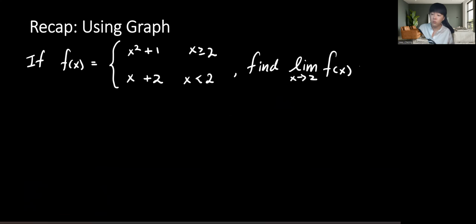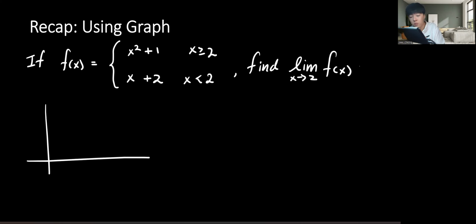And then the next thing that we learned was how to do it with the graph. This graph is pretty easy to graph. If you actually try to graph this, at x equals 2, the function is quadratic, therefore at 2 you land on 3.